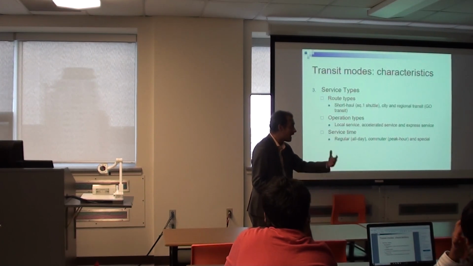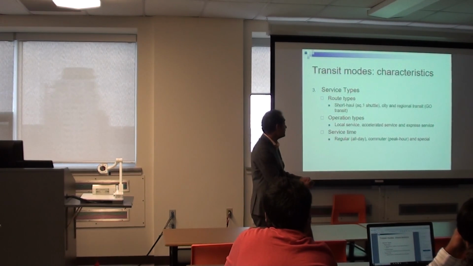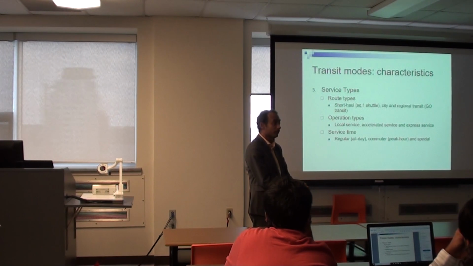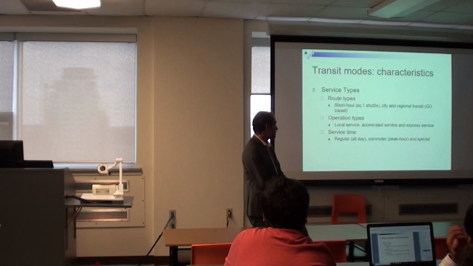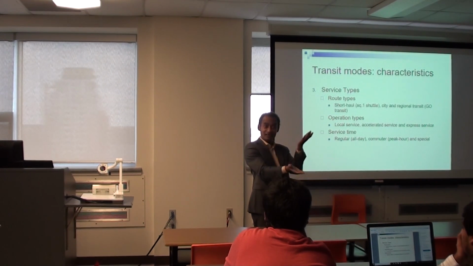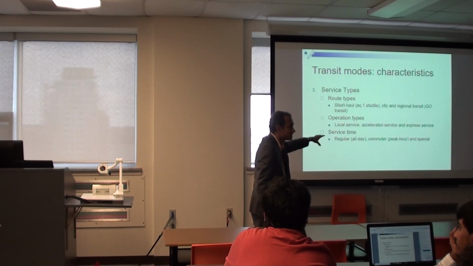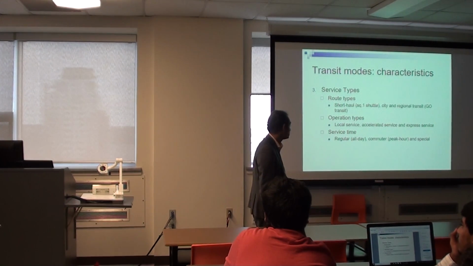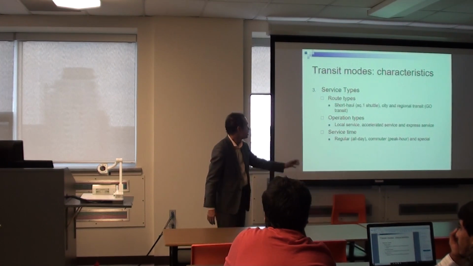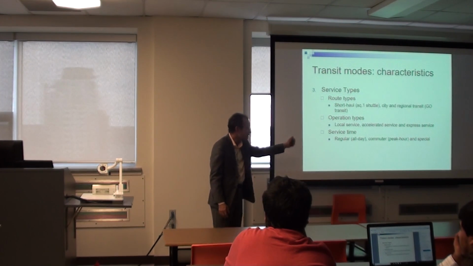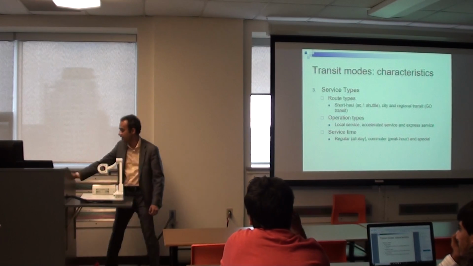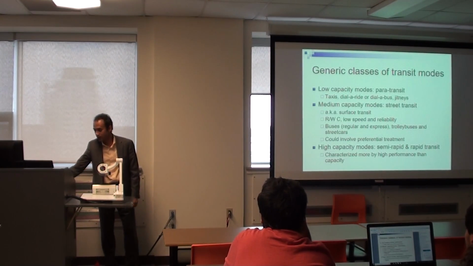That will help guide us to think about where we need a peak period express bus system, where we need more local service, and which time of the day is also important. So the information feeds into these planning processes. Each planner will be doing those kinds of things: all day, commuter, peak time. So these are the route type, operation type, and service time. These are in your hands as a planner.